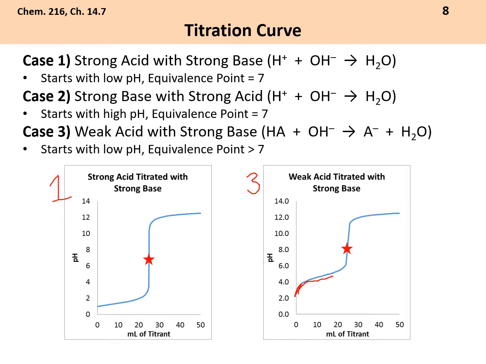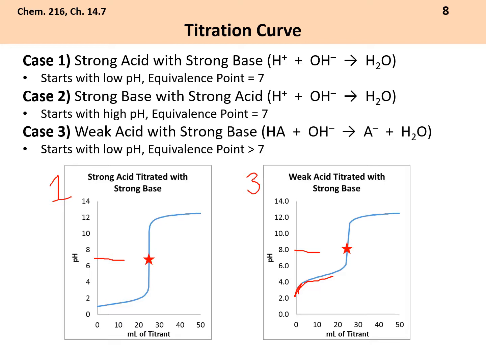Then we get to the buffer region, which we don't see in case 1 when we have a strong acid. Also notice where my equivalence point is. Here, it's at 7. Here, it's going to be higher because I'm going to be left with a weak base. All right, so this is for a weak acid and I add in a strong base.